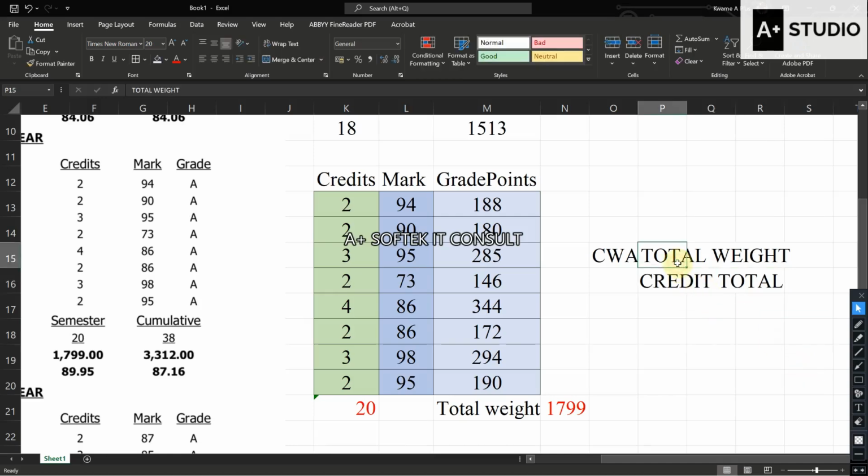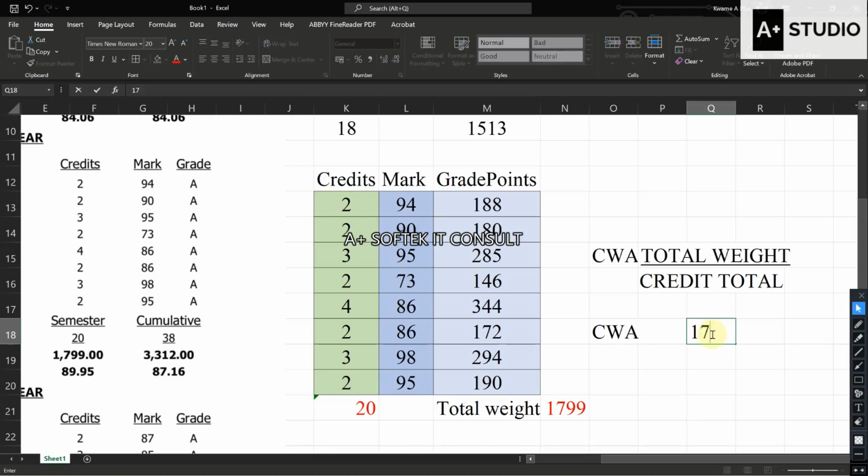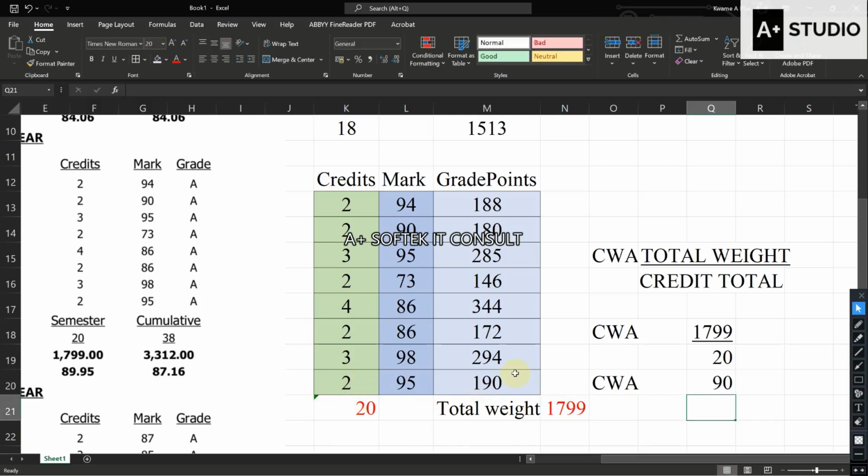So CWA will be 1799 divided by 20. So at this particular semester, the student has a CWA of 90.